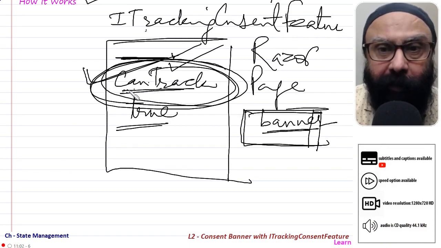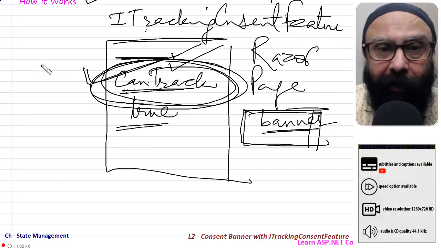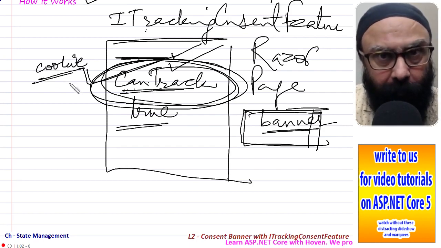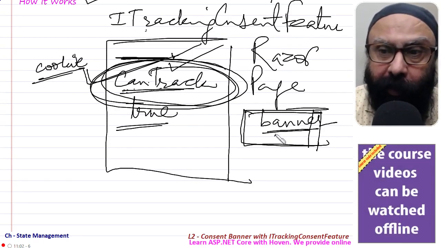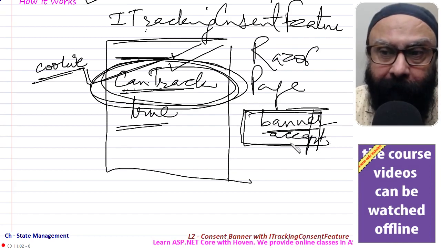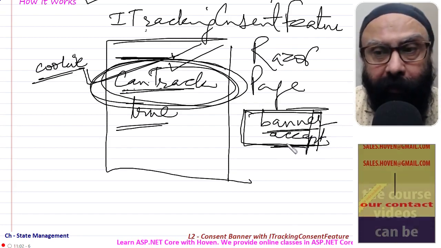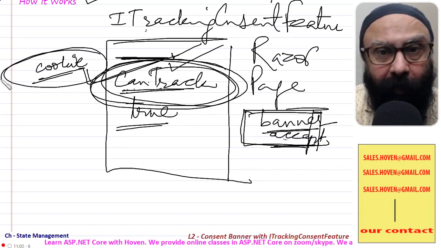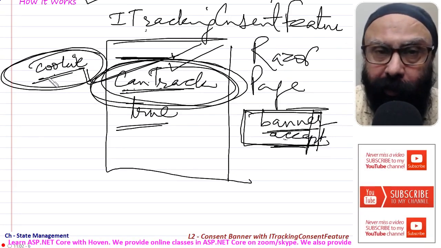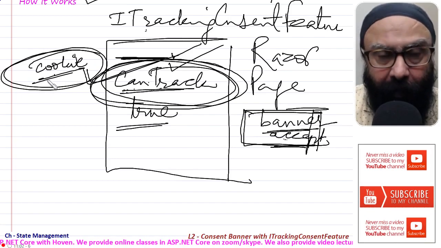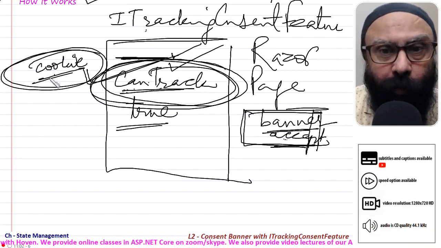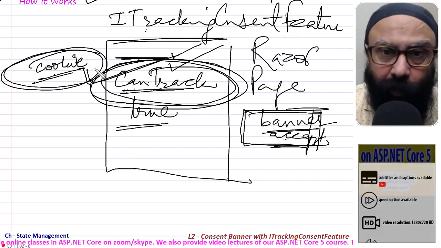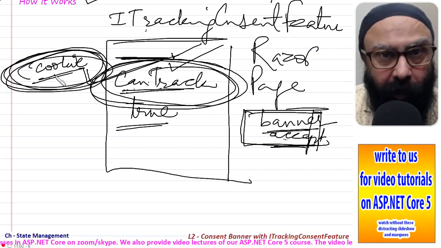This means that CanTrack is basically connected to some cookie on the user's computer. When the user clicks this accept button, this cookie is created on the user's computer. And when the user's computer has this cookie, then the next time you will obviously not show the banner. So things revolve around this cookie.